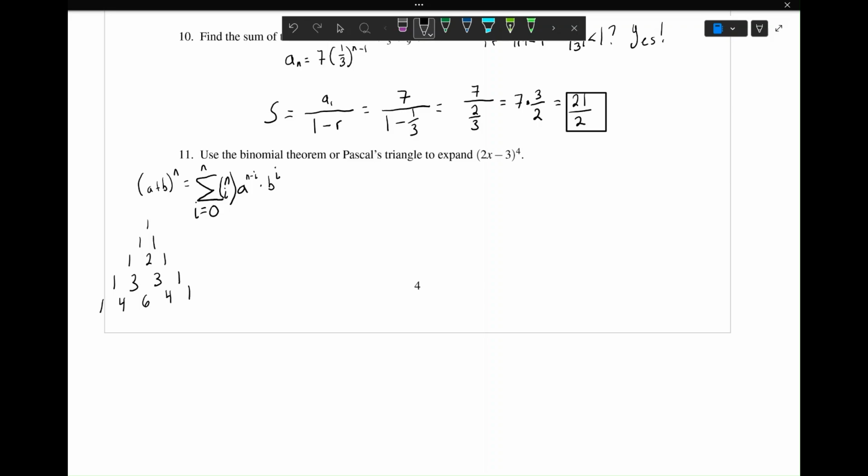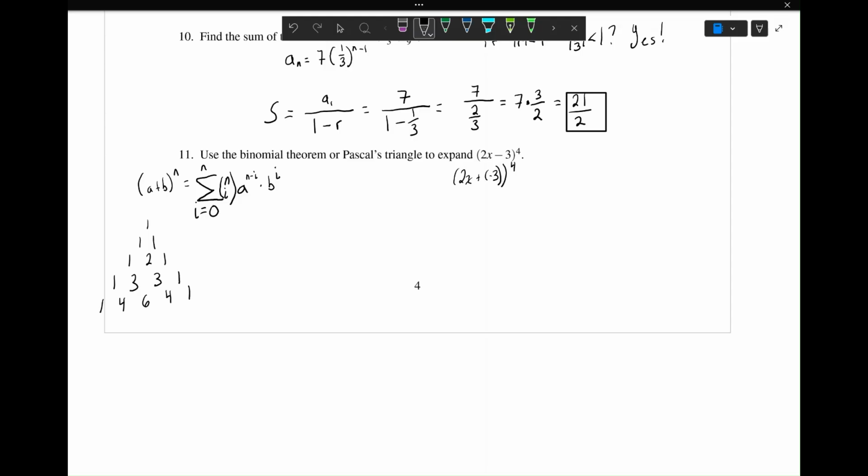Now, what does this tell us? Well, remember the pattern that it's a to the n minus i times b to the i, or in other words, these two powers always add to n. So I'm going to think of this as 2x plus negative 3, because remember the binomial theorem only works with addition, to the fourth power. So my n is 4.